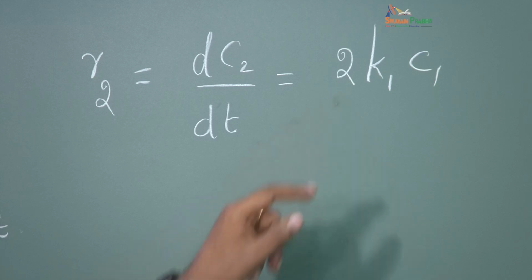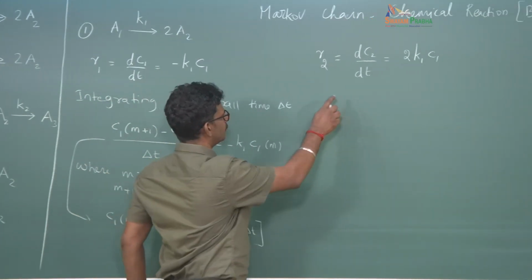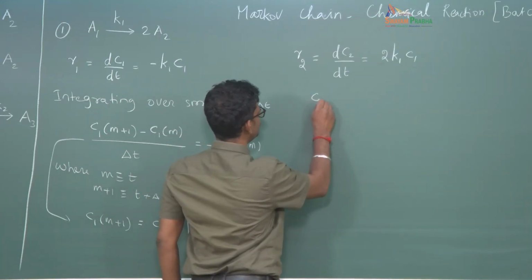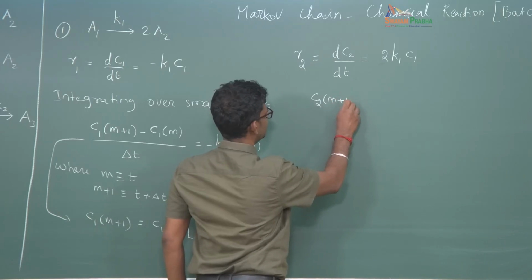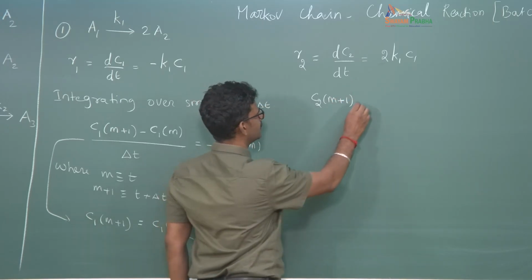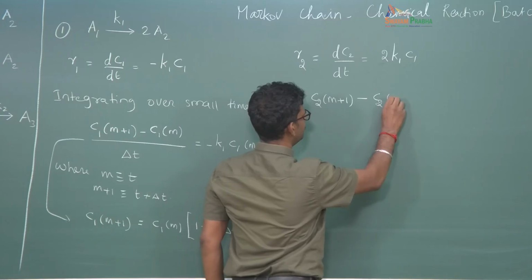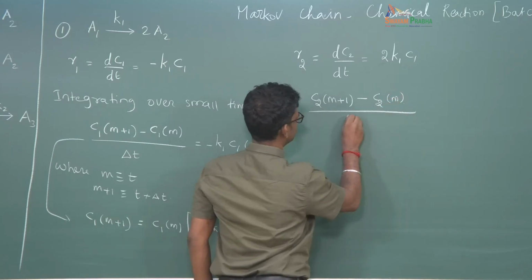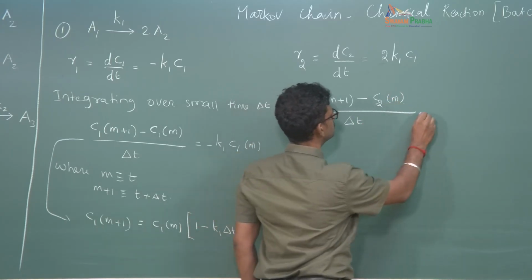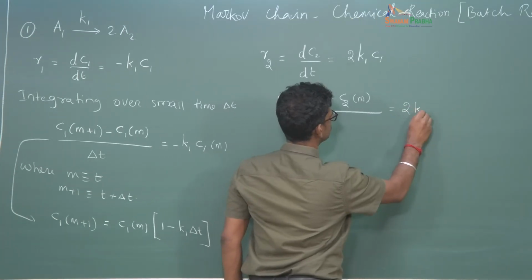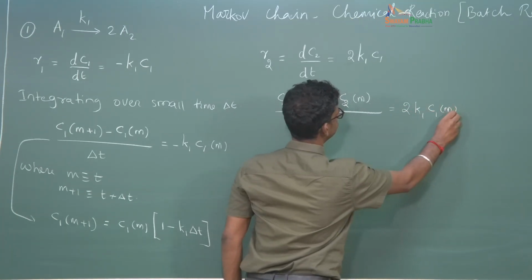So that is the stoichiometric coefficient that comes in here. Again, we integrate this equation over a small time delta t, so we will get C2 at time t plus delta t, in other words m plus 1, minus C2 at m.